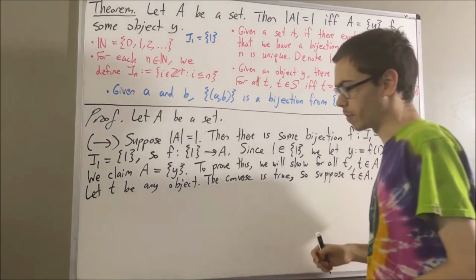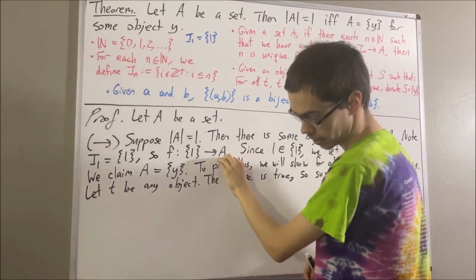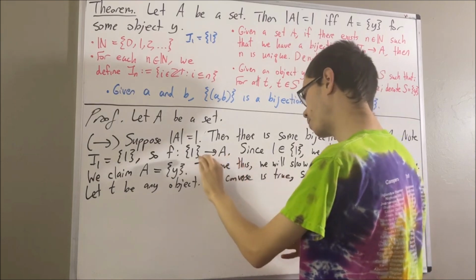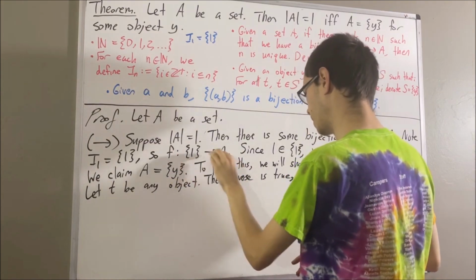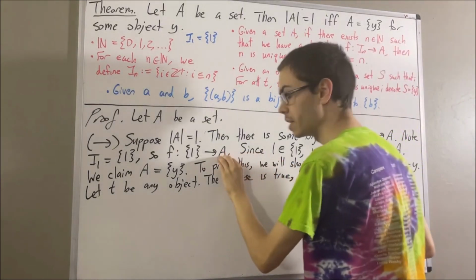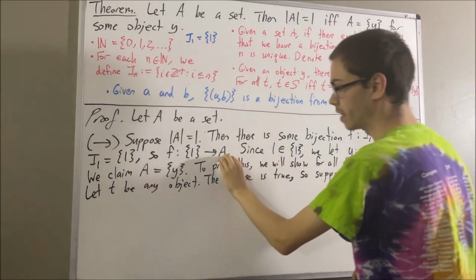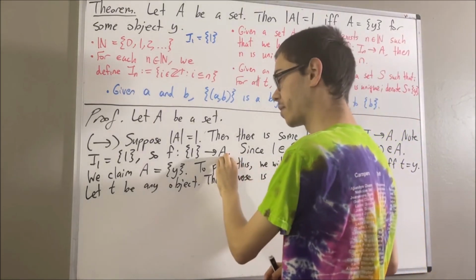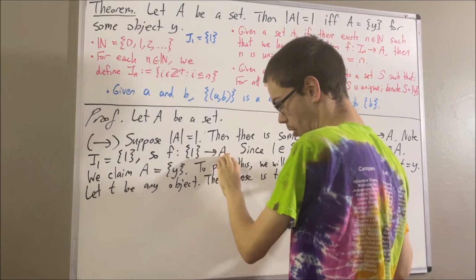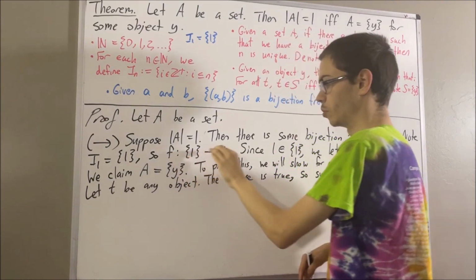What does it mean for F to be surjective? It means that for every element Q in this set, there exists an element P in this set such that F of P is equal to Q. And that works for every element in this set. Well, since T is an element of this set, it follows that there exists an element, I'll call it P, in this set such that F of P is equal to T.